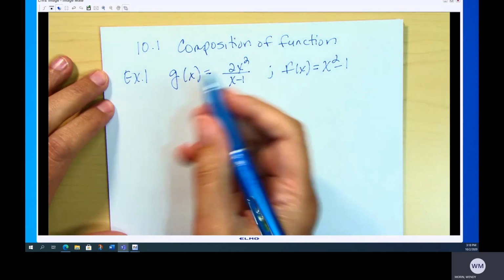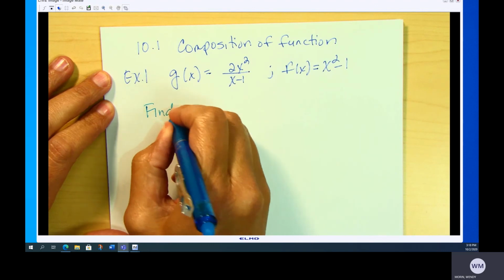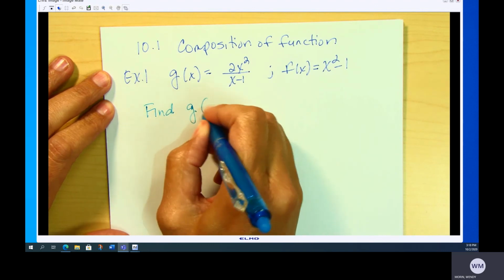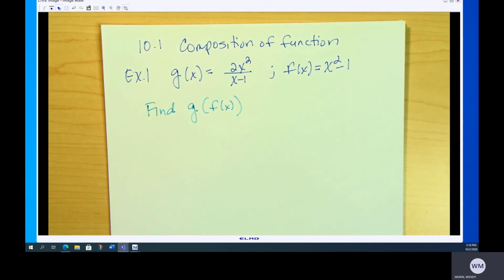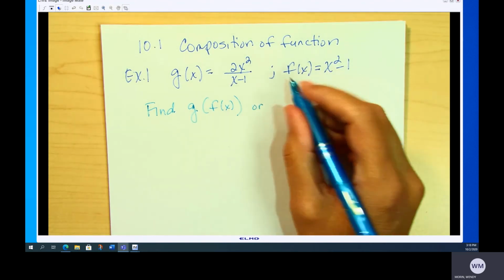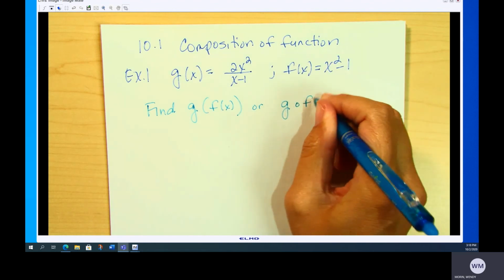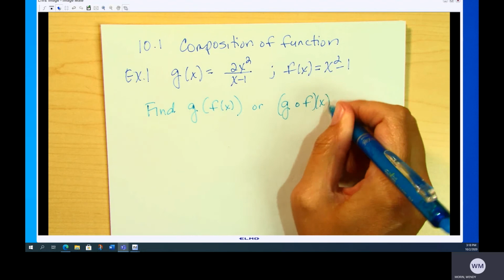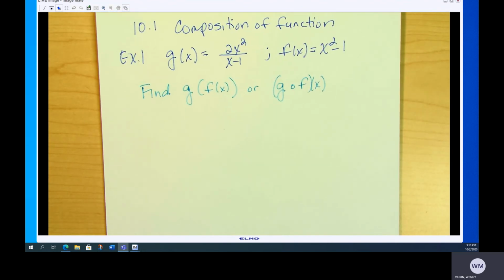Something they may ask you to do is to find g of f of x. Or you may see it written as g of f of x. Those two notations mean the same thing.